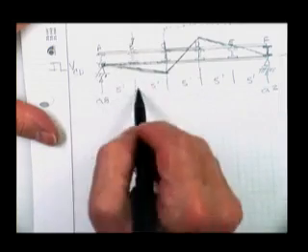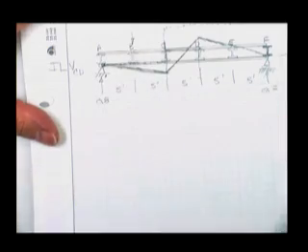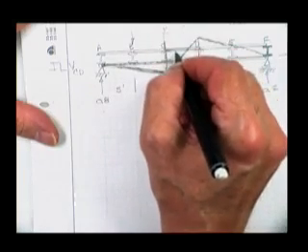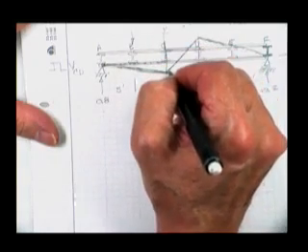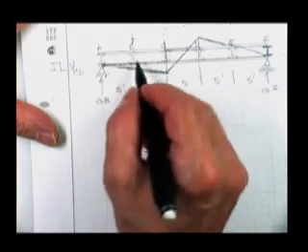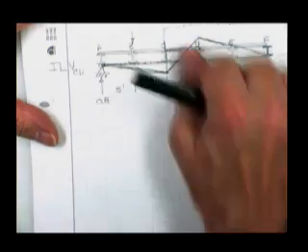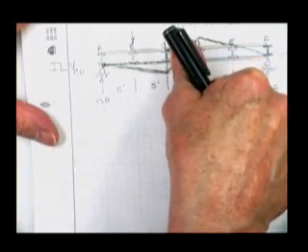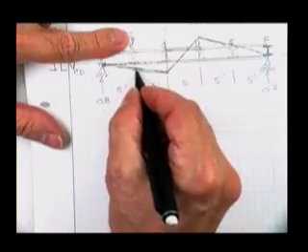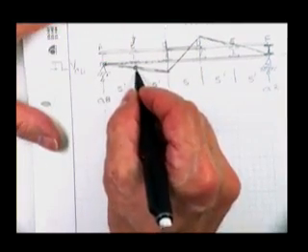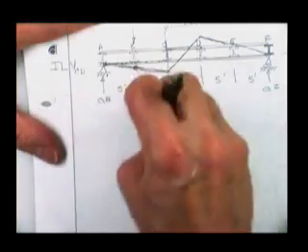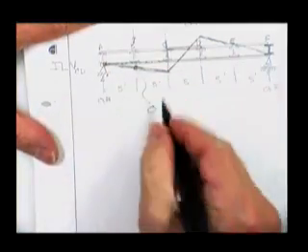Right? 1 times 5 divided by 25. Okay. If you cut the beam itself now, somewhere between C and D, you're going to have how much shear? You got 0.8 up and 1 down. It's going to be 0.2. I'm sorry, 0.8. No, that's right, it's 0.2.